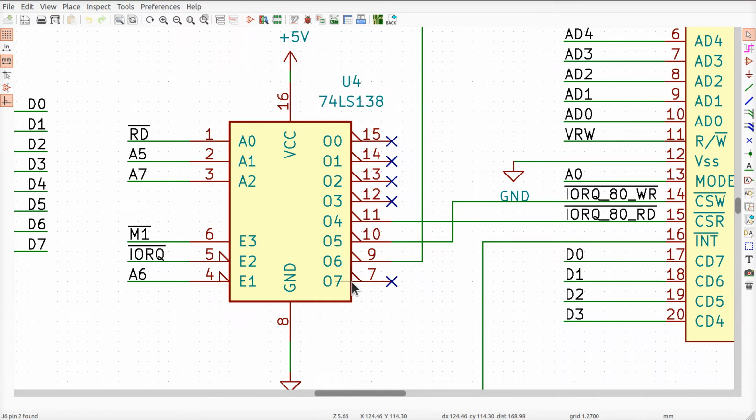Outputs 4, 5, and 6, we don't want to use these because these will go active in port numbers that are less than 80 in hex, and those are used to some degree on the Retro board. So I'm going to air quote and say those are reserved. These will go active on 80 and A0 and B0 and stuff like that.